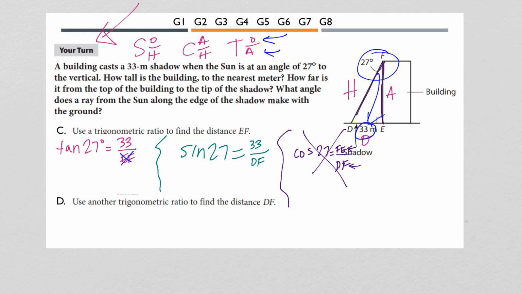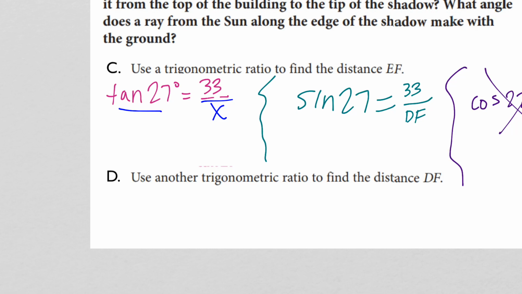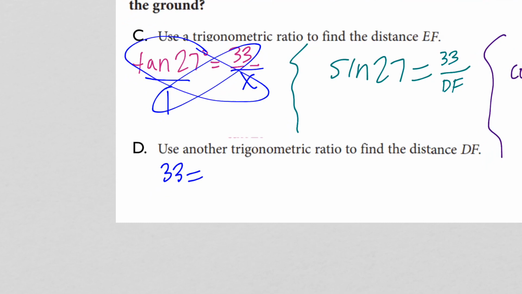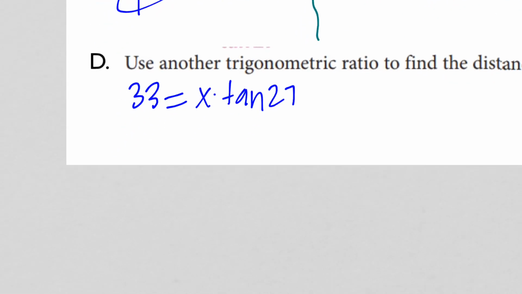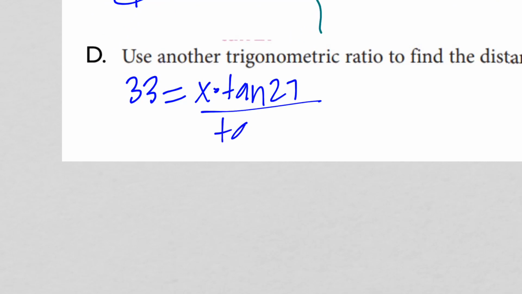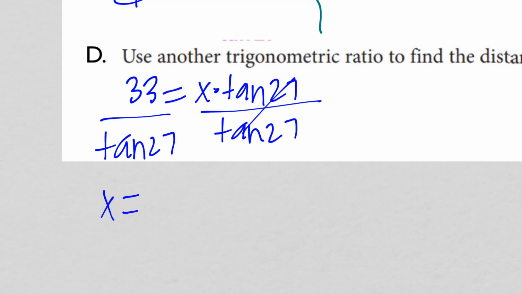But again, if you want to write an X instead of EF, you can, and then you can solve for X. So I'm going to cross multiply. 1 times 33 is 33, and this is going to equal X times tan of 27. But I want to solve for X, so the opposite of multiplying by tan of 27 is to divide. If you type that into your calculator, you will get an answer of approximately 65.